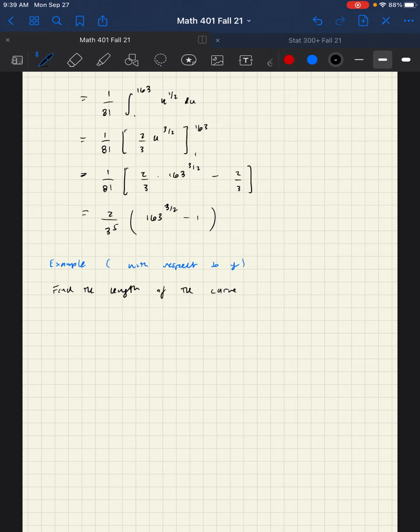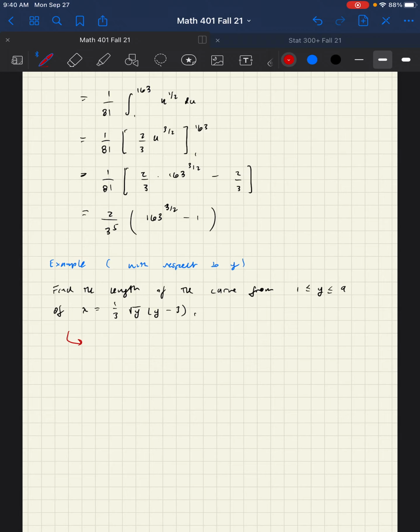As we often do, find the length of the curve from 1 to 9 for y of this curve, x equals 1/3 square root of y times y minus 3. So it's already expressed in terms of y.